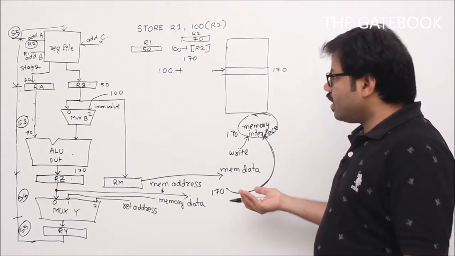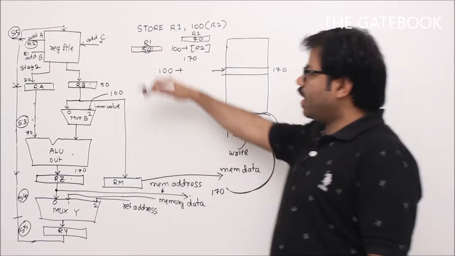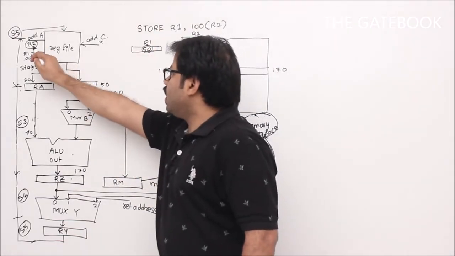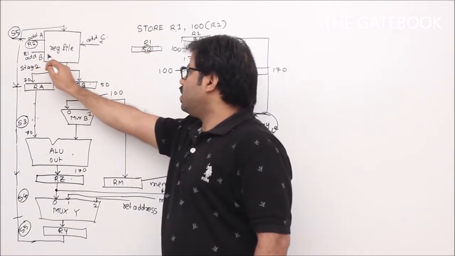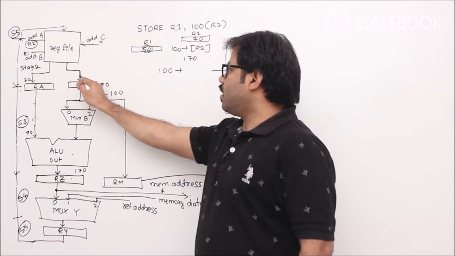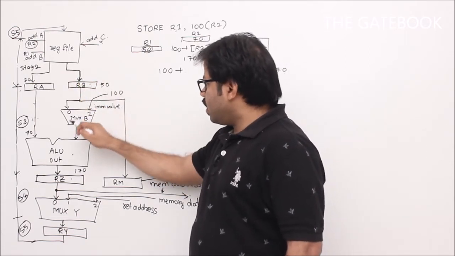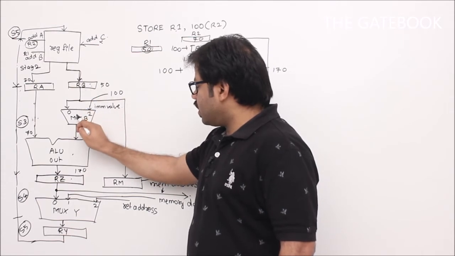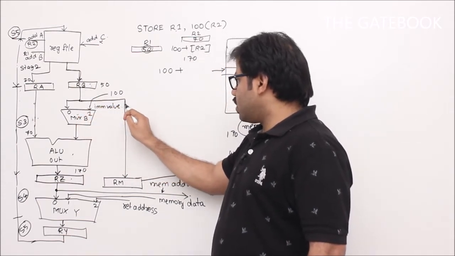Then, sir, where is the data? What to store? 50, right? So where is 50? Now go back again. You connected that 50, the content of R1, here, right? That means the second address line. So it will come like this slowly, eventually it will come here. After that, see here. However, this 50 is not selected through this multiplexer, but there is a bypass, you see. It will be passed like this.